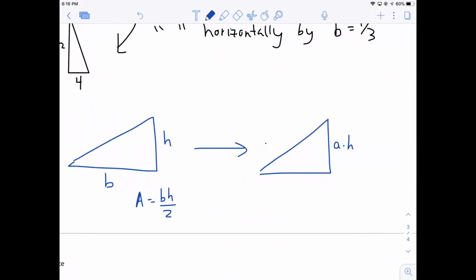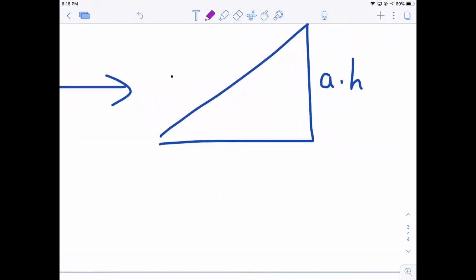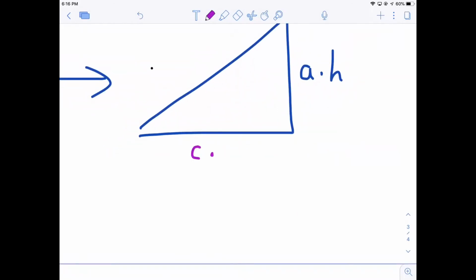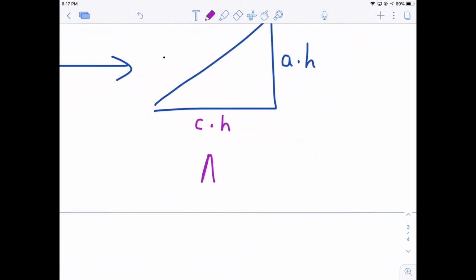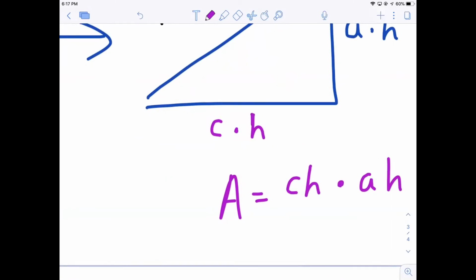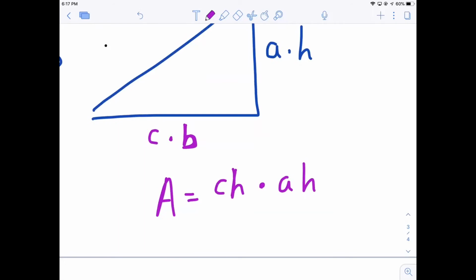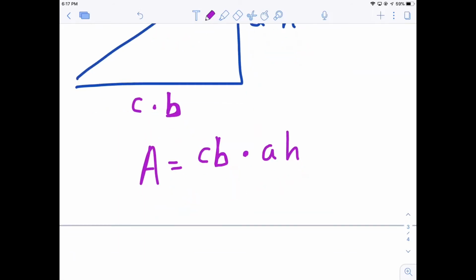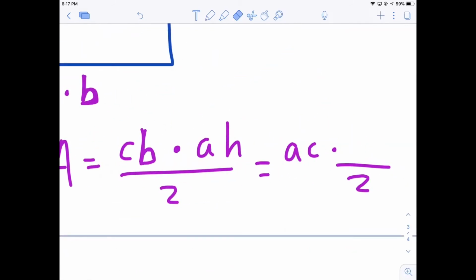If we scale horizontally by a factor of c, then our new area is going to be the base, which we scaled by a factor of c, so cb, times our new height ah, divided by 2. And so the area is ac times bh over 2.